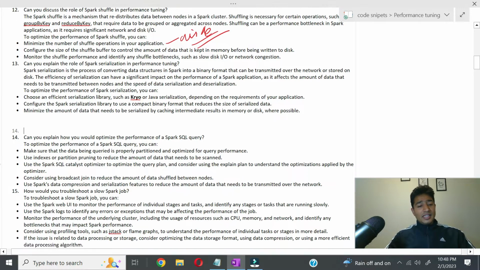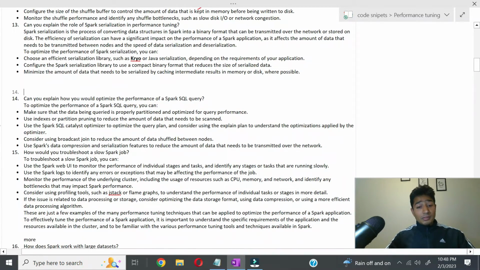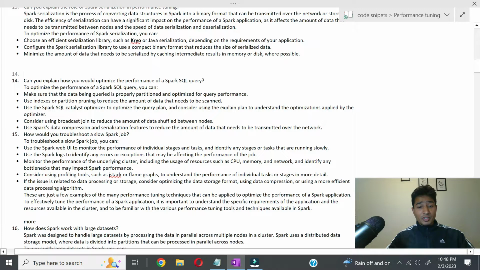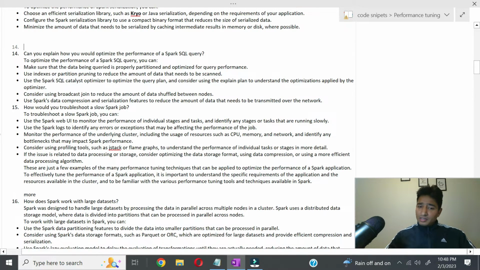So how would you optimize the performance of a Spark SQL query? It's not only with Spark SQL, it should be applicable to any SQL query. These points should be applicable with any SQL query, right? Make sure data is being queried properly, partitioned and optimized for query performance.